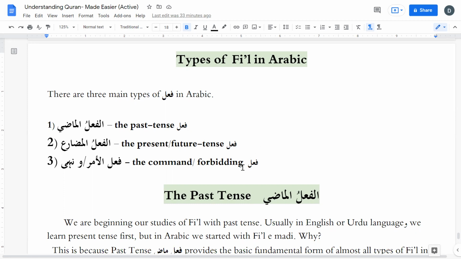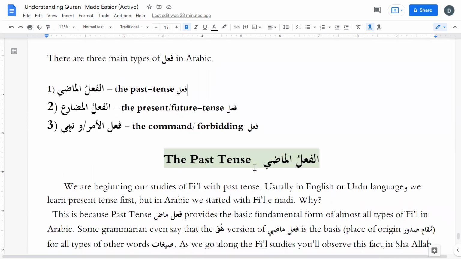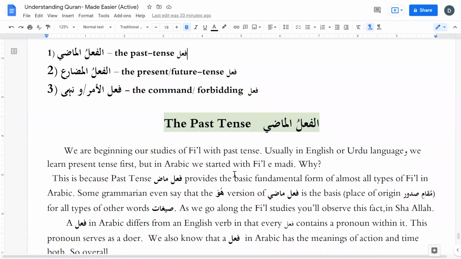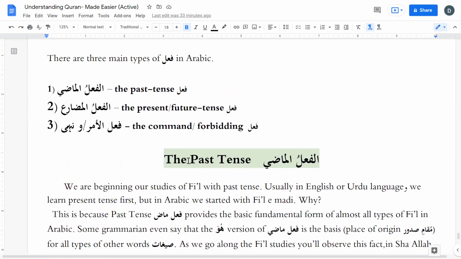And now, Alhamdulillah, we are moving on to how the Fi'l Madi changes with different pronouns. And we know there are 14 pronouns, 14 sigha, and inshallah we are going to learn that. Before going to that part, let's quickly review what we did last time.